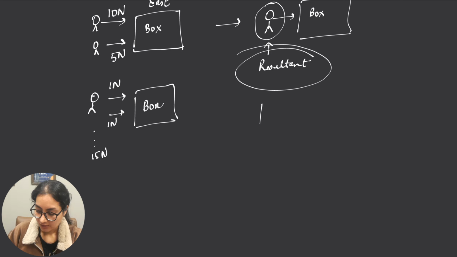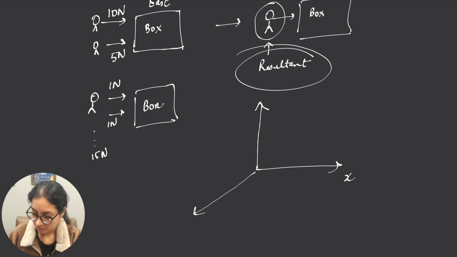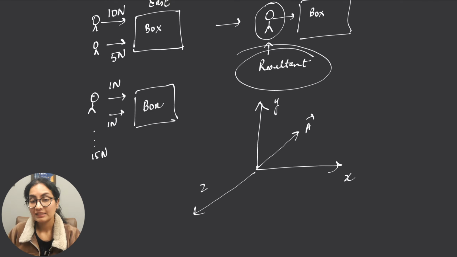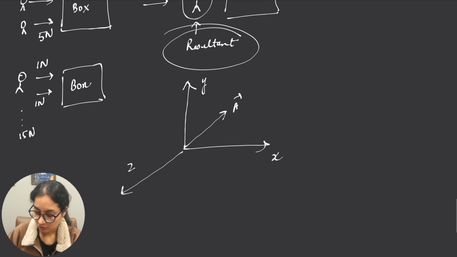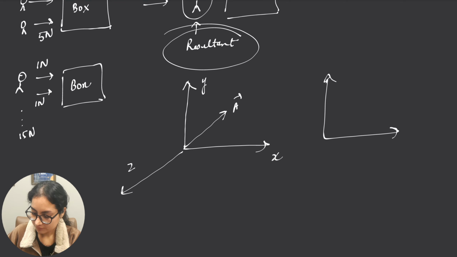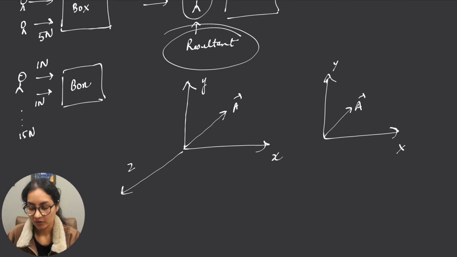But we have a system of axes in x, y, and z. So a vector in x, y, and z can only have 3 rectangular components if that vector is in 3 dimensions. If that vector is in 2 dimensions, it can have only 2 rectangular components.